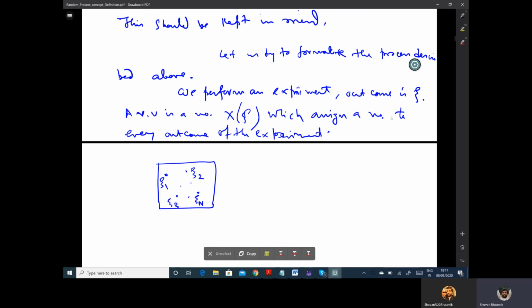So a stochastic process or random process is the assignment of a function of t and the outcome of the experiment.